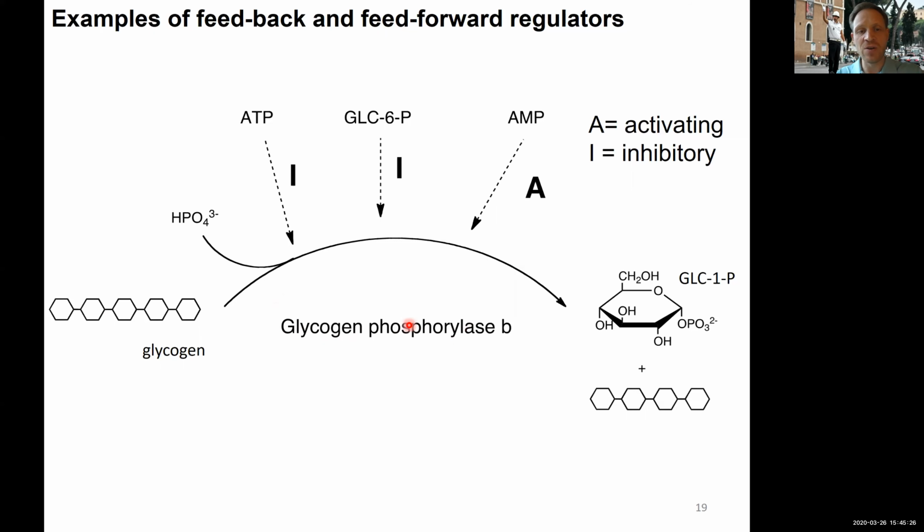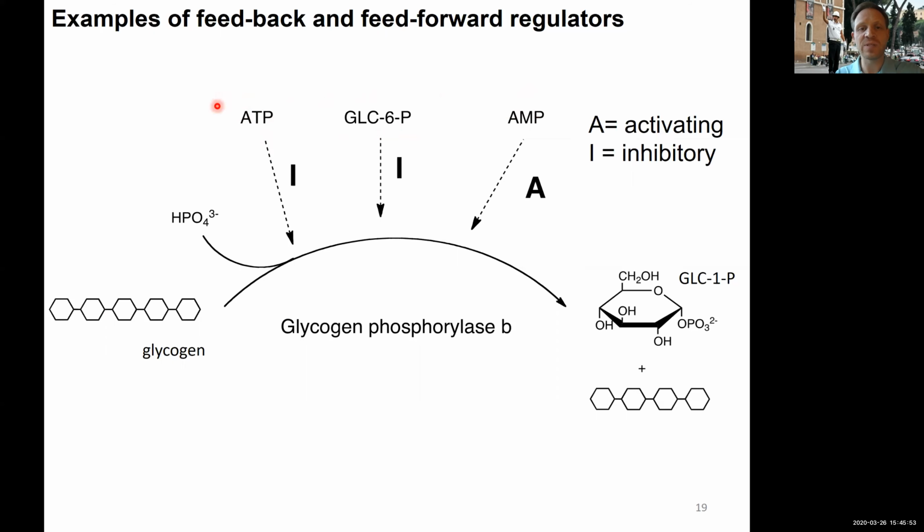And if you actually look at it, there are a number of metabolites here that function as either inhibitors or activators in an allosteric fashion. And so here is ATP, for example, that's an inhibitor. Glucose 6-phosphate is an inhibitor. AMP is an activator. Now think back to this concept of energy sensors and think about if this makes sense.